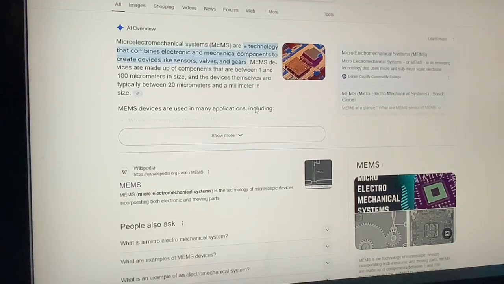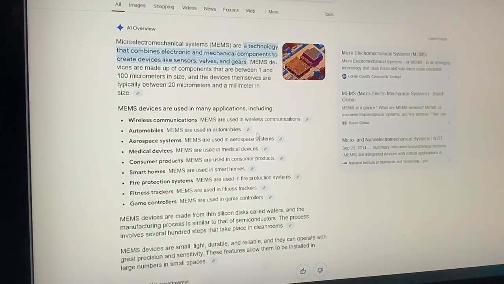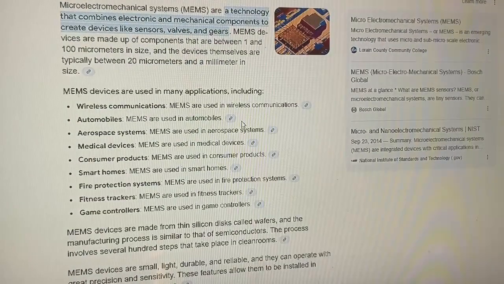Combines electronic and mechanical components to create devices like sensors, valves, and gears. MEMS devices are made up of components that are between 1 and 100 micrometers in size, and the devices themselves are typically between 20 micrometers and a millimeter in size.